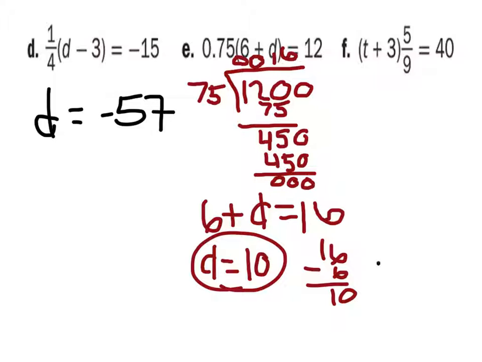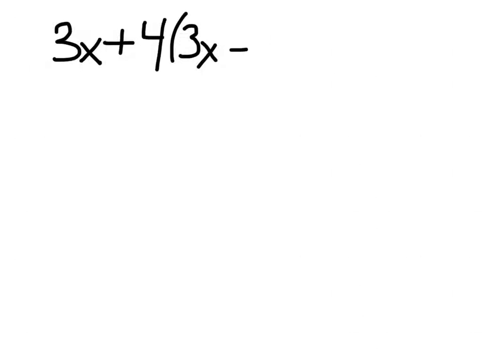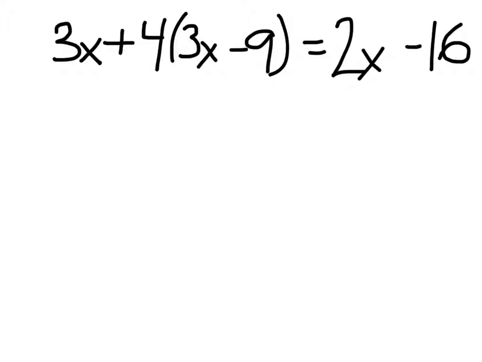On F, T equals 69. So careful with this, with the division stuff, okay? It's just the division. Because if you have something like this, 3x plus 4 times 3x minus 9 equals 2x minus 16. Okay?